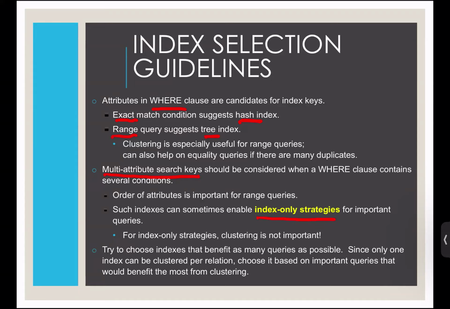So that could be something to consider as well. We take a look at the index-only strategy just a little bit. And if possible, try to choose an index that benefits as many queries as possible, so that it's worth creating that index.